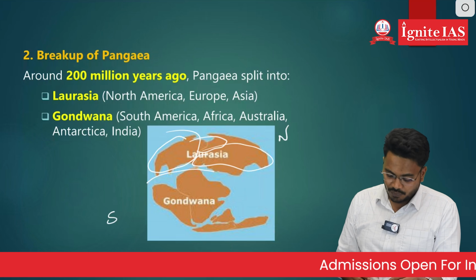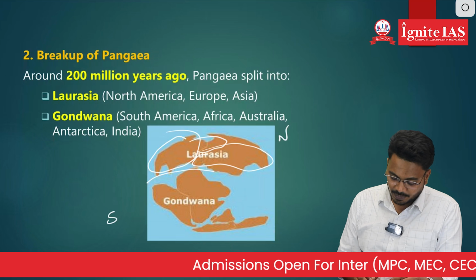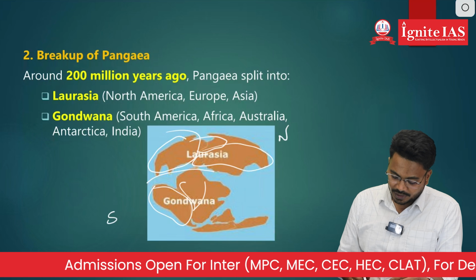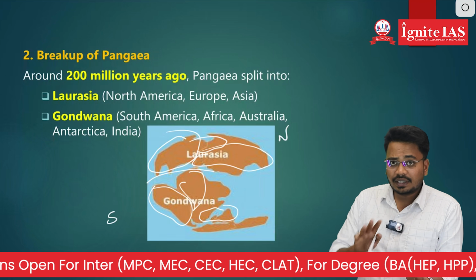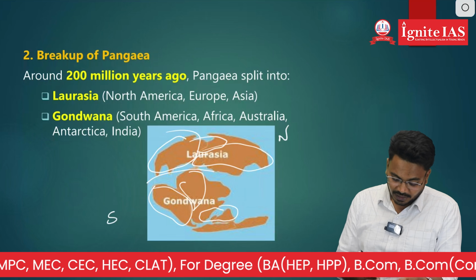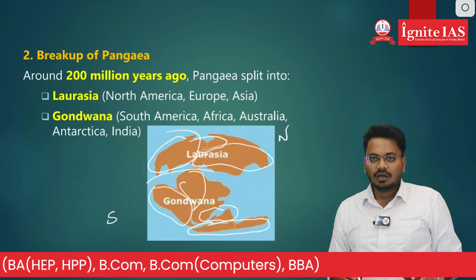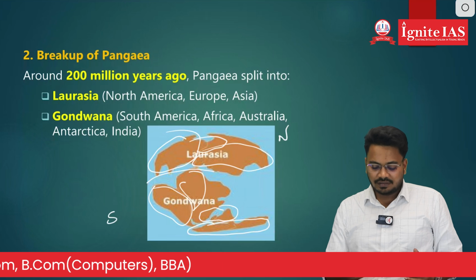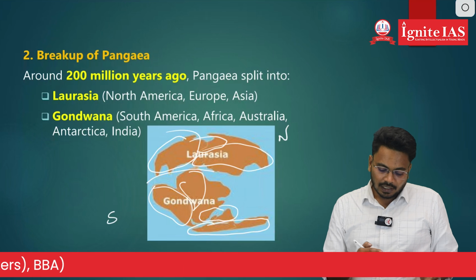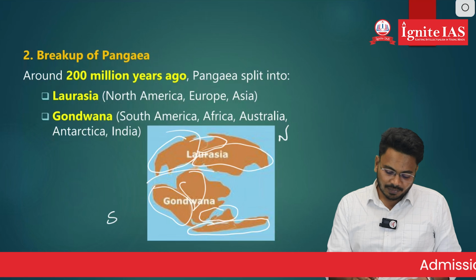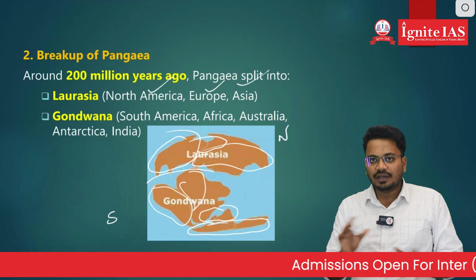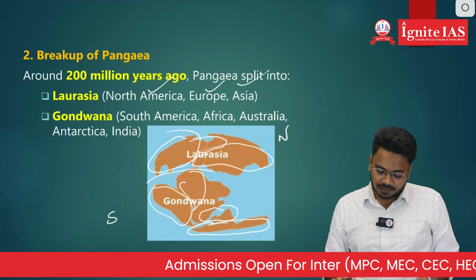Gondwana had the South American continent, African continent, Australian continent, along with the Indian subcontinent, and finally Antarctica. All these 4 continents belong to Gondwanaland, and all these 3 continents, that is North America, Europe and Asia, were part of Laurasia.